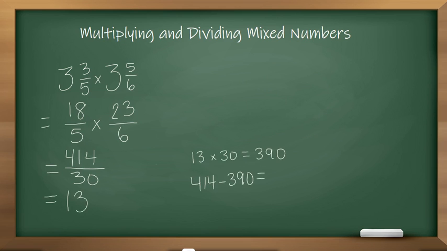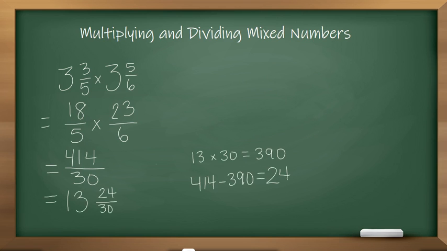So I want to figure out what's left over. I'm going to do 414 take away 390. In my head I'm thinking, well, 414 is 14 away from 400, and 390 is 10 away from 400. So 10 plus 14 is 24. So 414 take away 390 is 24.